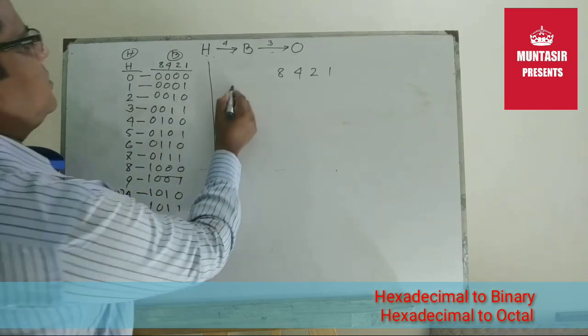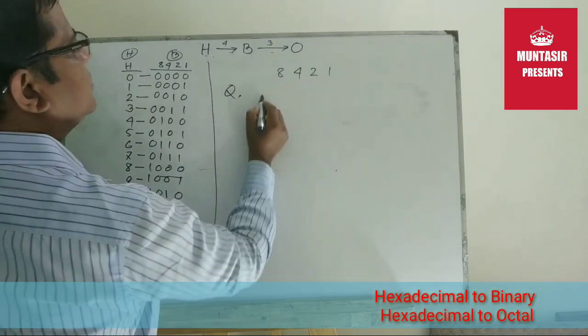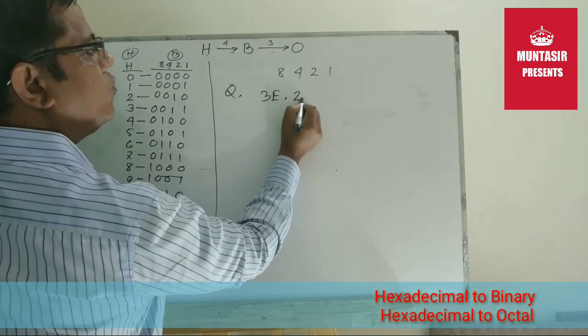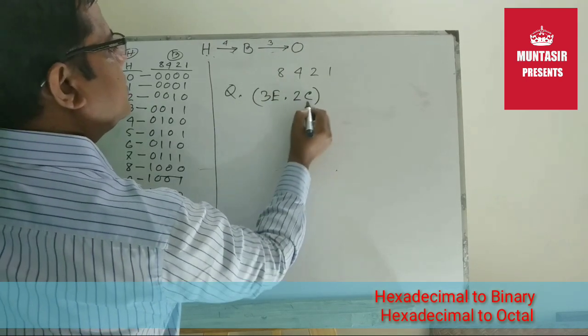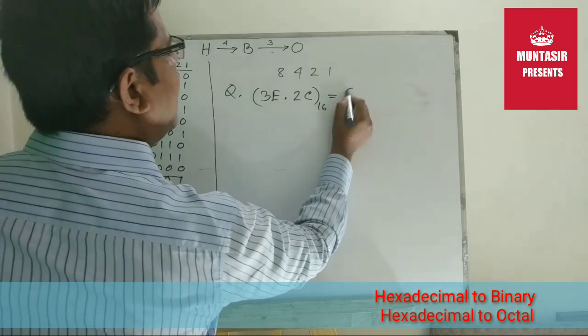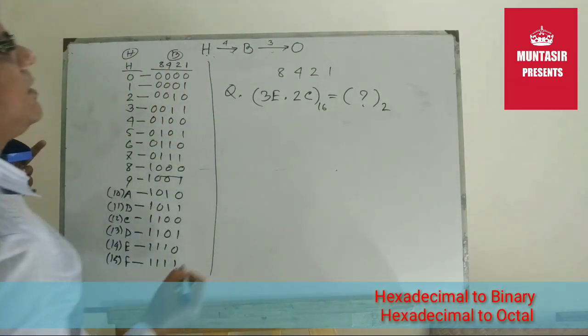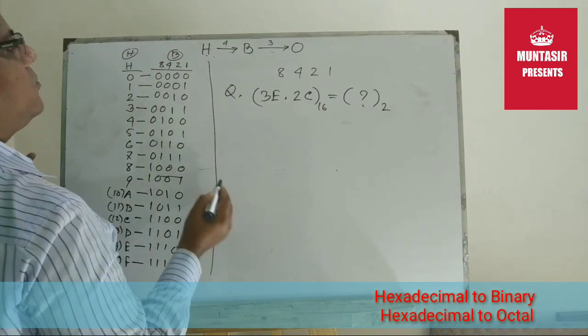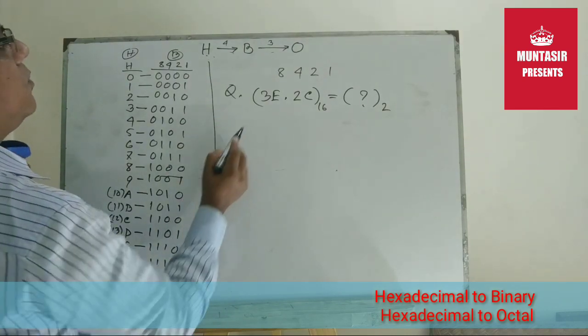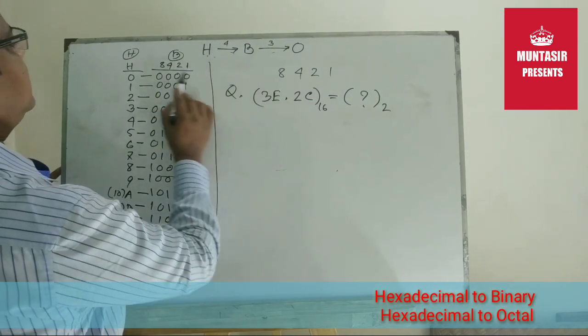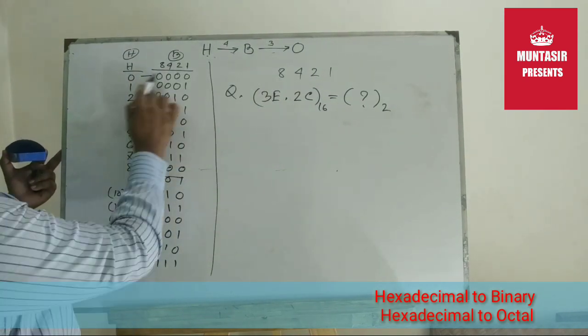So, question number 1: 3E.2C. This is hexadecimal, and what will be the binary? We know every hexadecimal digit needs 4 bits.